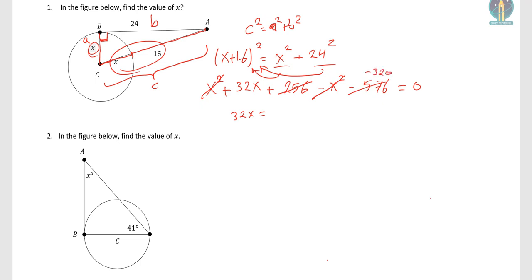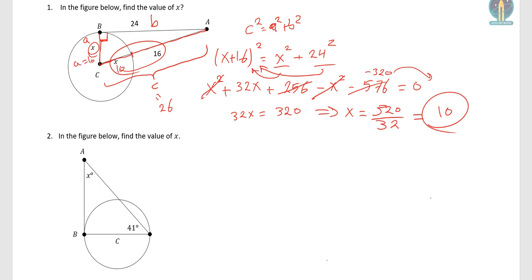Actually, I can bring this on the other side also because I'm solving for x. So 32x equals plus 320. So x equals 320 divided by 32, which is 10. Okay? So this part is 10, so the whole leg c is equal to 26, and a is equal to 10. Okay?